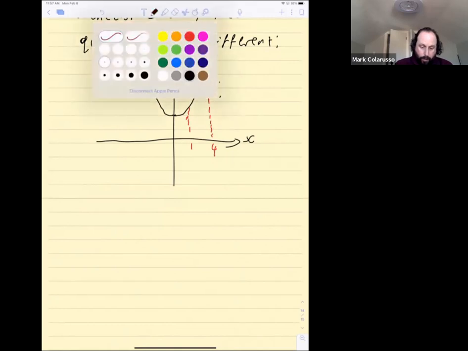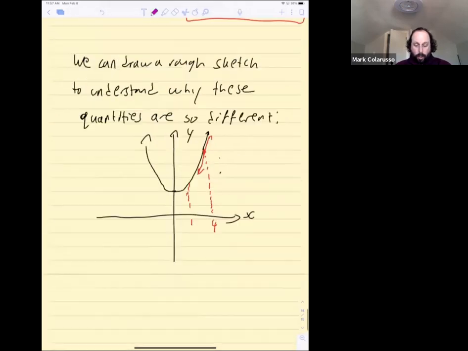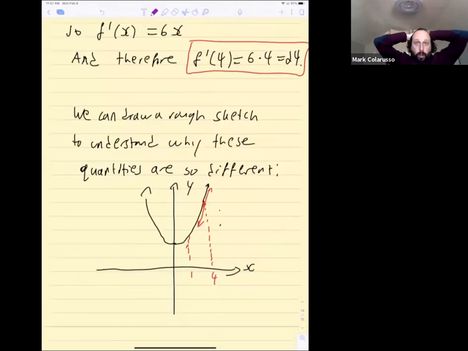And the curve keeps going up. Okay, so the derivative at 4, right? The instantaneous rate of change at 4 is the slope of the tangent line at 4. So it's the slope of that red line.